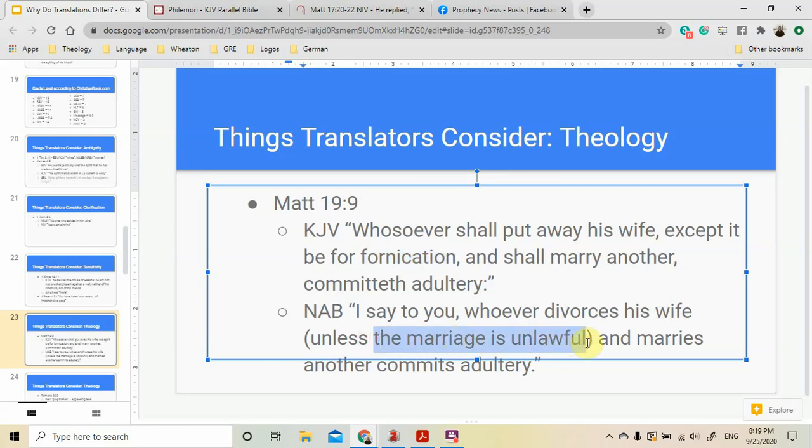Now it's translated more specifically, this term porneia, which the King James translates as fornication. It's a very general term, but the NAB, since they're Catholic, they don't believe that divorces can happen, so they're understanding that word as being an unlawful marriage instead of some sort of other sexual sin.